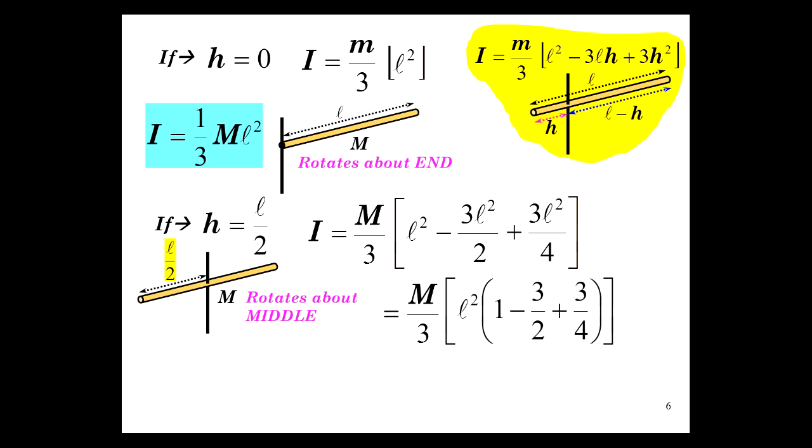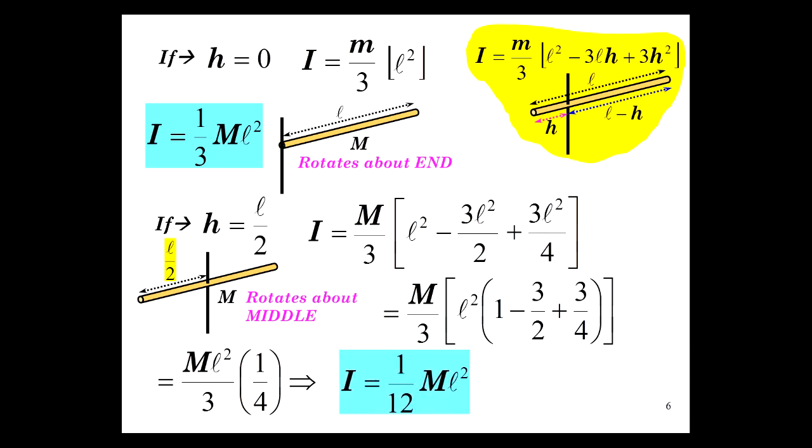So then L squared can factor out of this, and we have 1 minus 3/2 plus 3/4, which is, let's see, 4/4 minus 6/4 is minus 2/4 plus 3/4 is 1/4. So M L squared over 3 times 1/4 gives us 1/12 M L squared. So just by rotating the same rod about its center instead of about the end, we've decreased the moment of inertia by a factor of 4, which is quite significant.